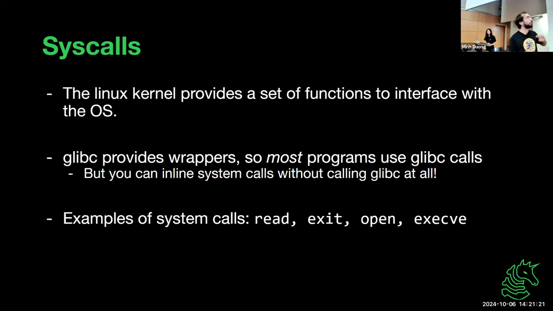Your standard library provides wrappers around these syscalls, so you end up calling them from the standard library. But assembly does allow you to make these syscalls directly without ever needing to touch your standard library.